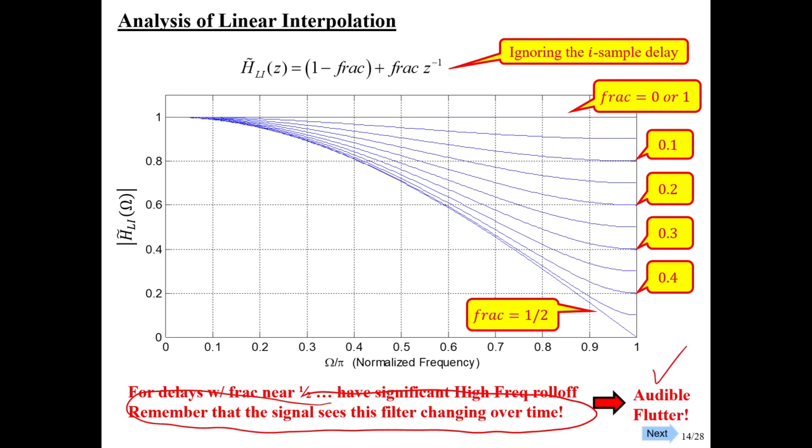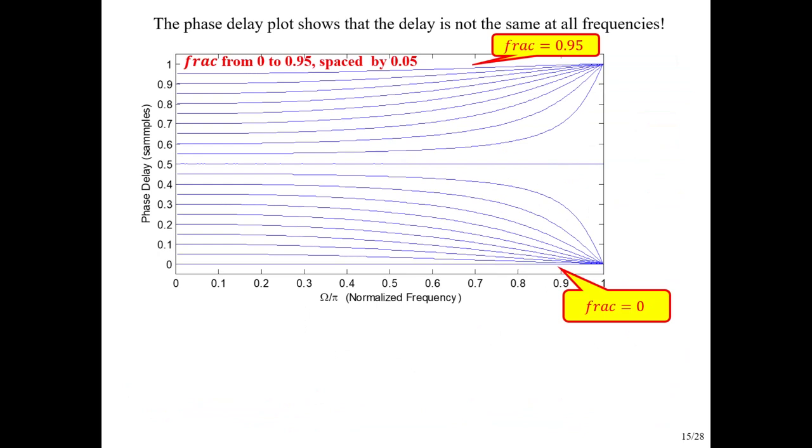So that's not good. And in fact, it does not sound good. So if you were to just use linear interpolation, you'd get a vibrato, but it wouldn't sound very good. I'm getting ahead of myself, getting to flanger.